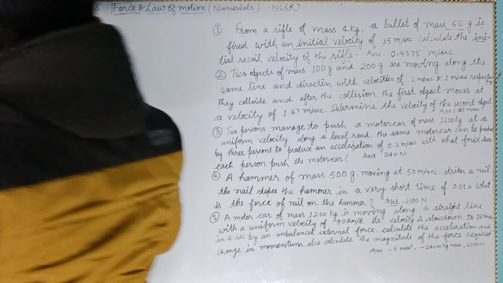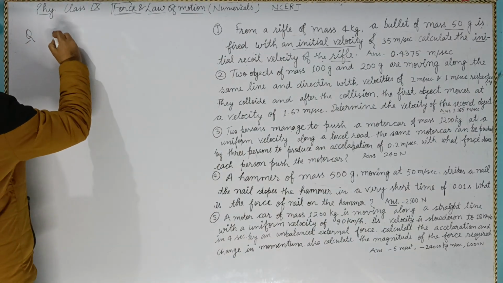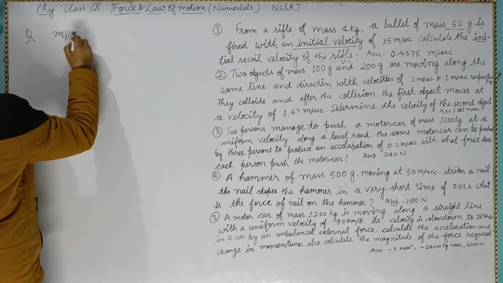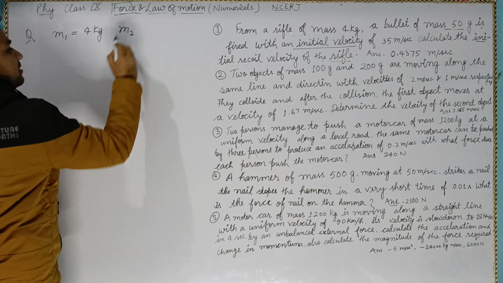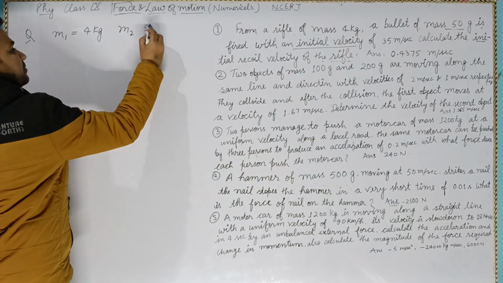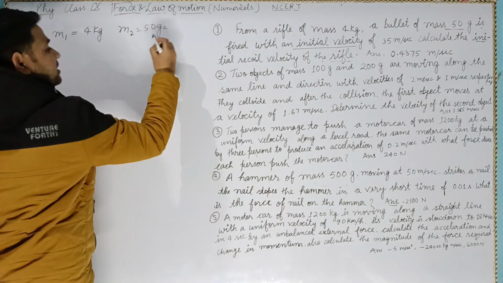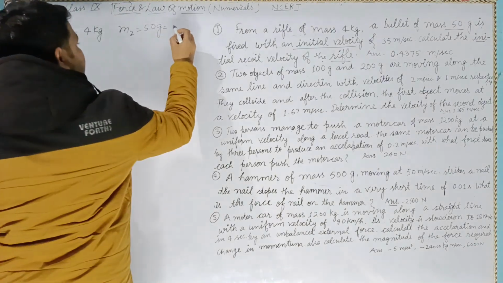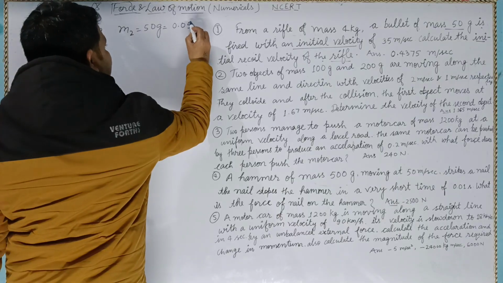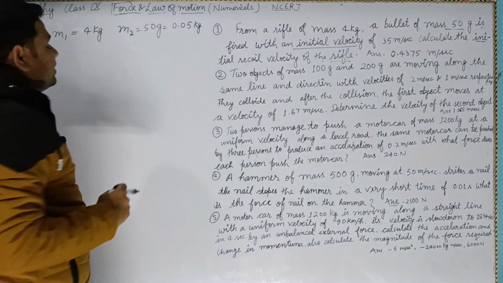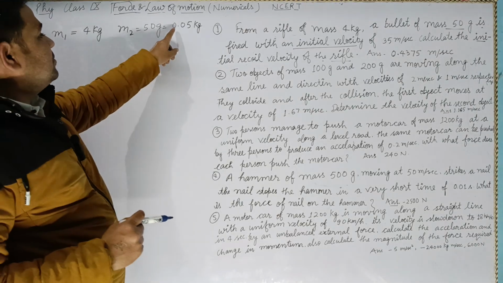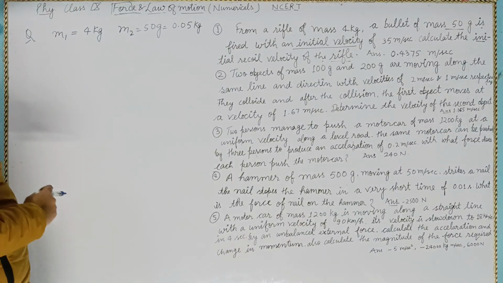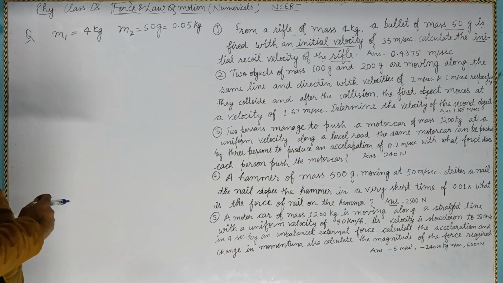We consider here the mass of rifle M1 is equal to 4 kg, and mass of bullet M2 is equal to 50 gram. We convert it into kilogram: when we divide 50 gram by 1000, it will be 0.05 kilogram.